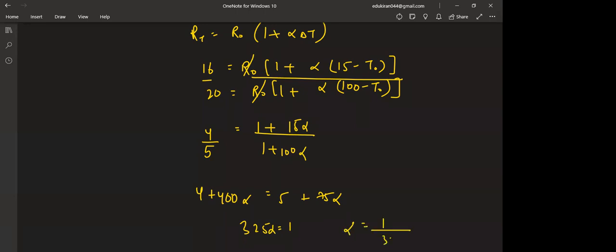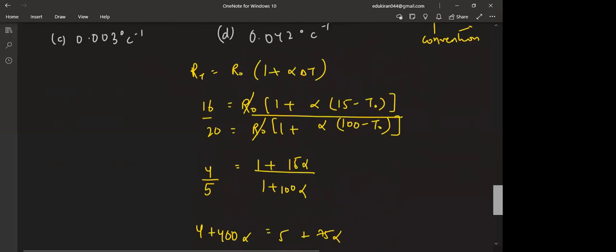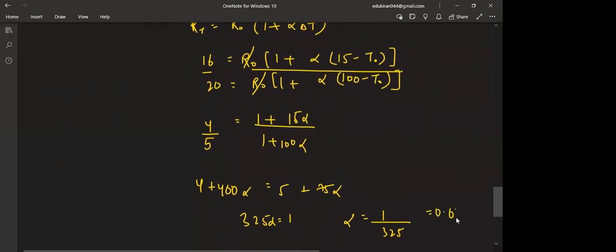Alpha will be 1 by 325. What is 1 by 325? This will be 0.003 degrees Celsius inverse. So option C. Those who have answered option C, their answer is correct.